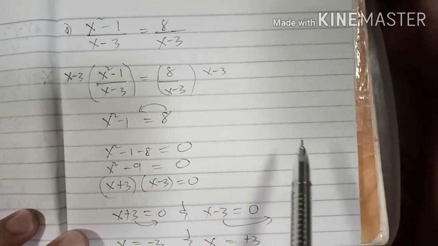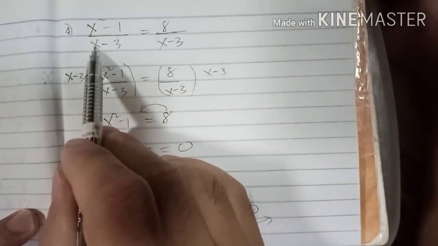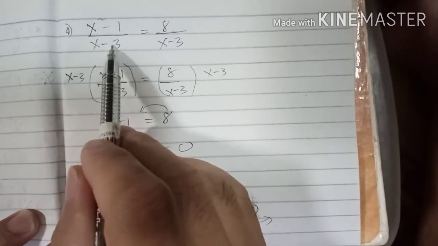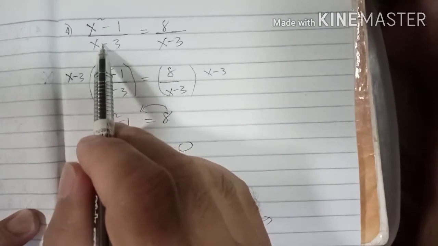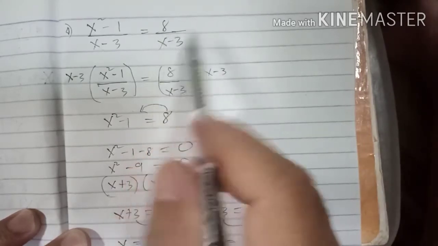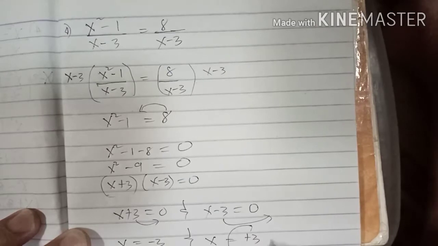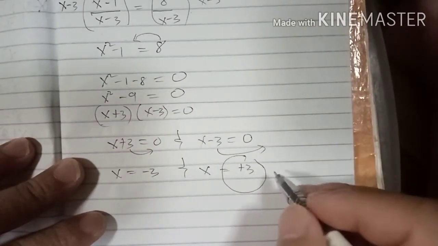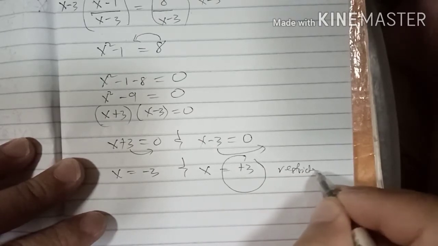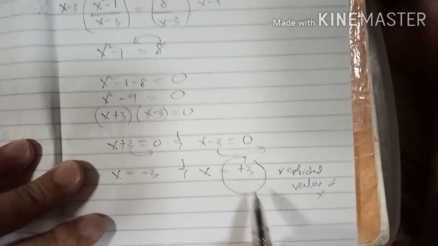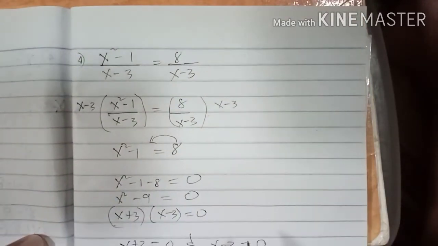Now, if we substitute positive 3 here, this will become 3 minus 3. It makes the expression undefined. And here, 3 minus 3, it makes the expression on the right side undefined. So therefore, the value of positive 3 should be restricted, or restricted value of x, because it made the expression undefined.